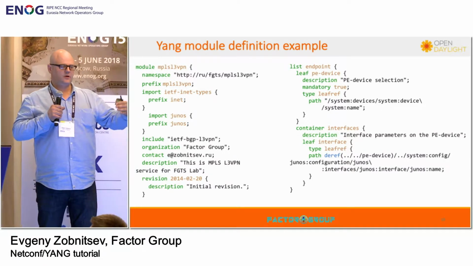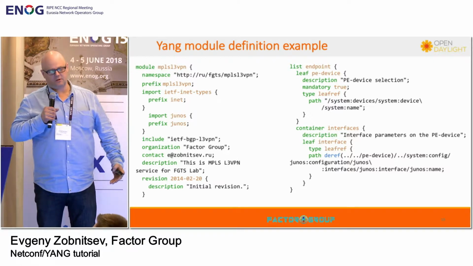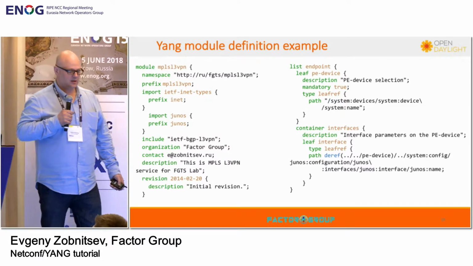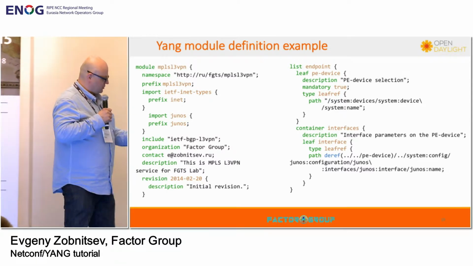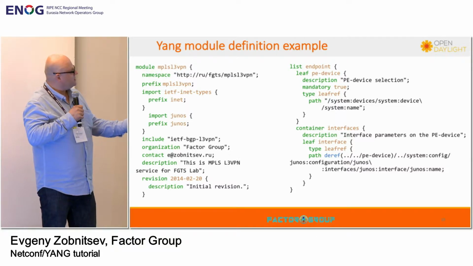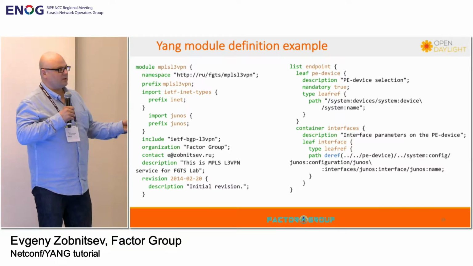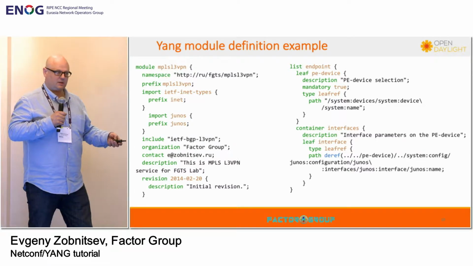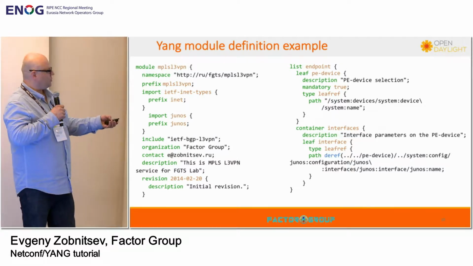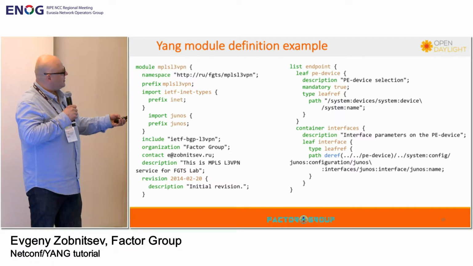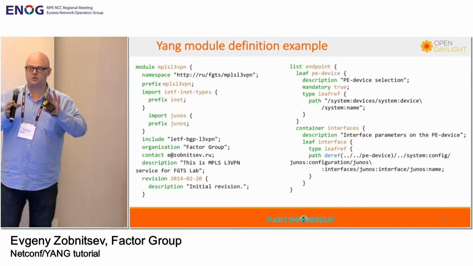So you describe in which place of your tree you expect the data to be. In this case, we have an MPLS module, and the namespace is important, as we often work with Netconf, and we announce that namespace in order to work with the connected addresses and data.